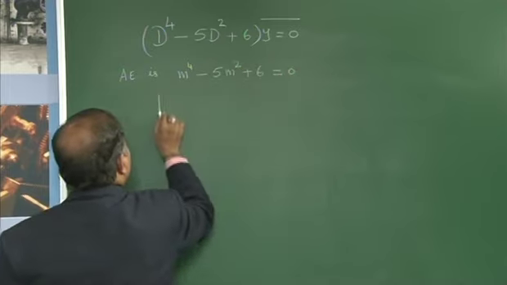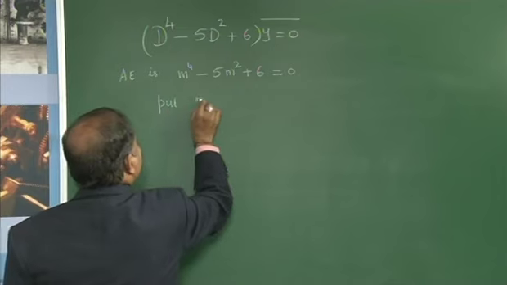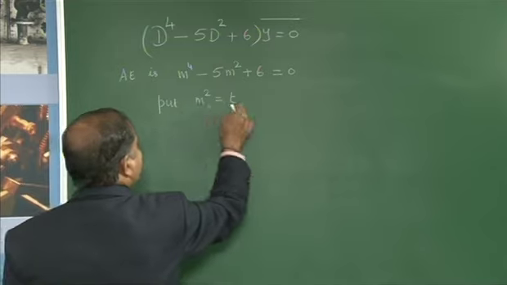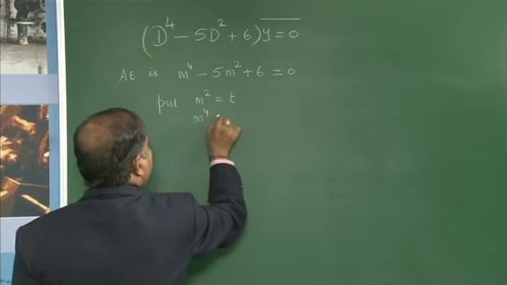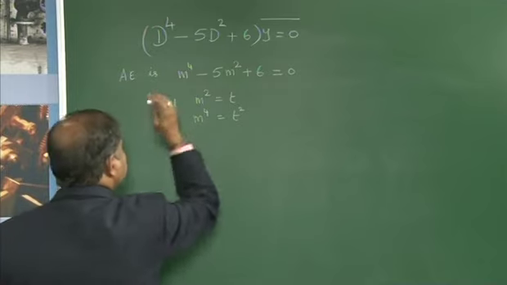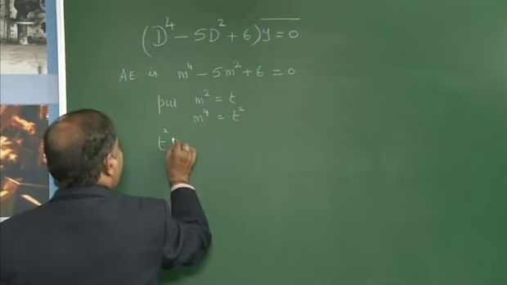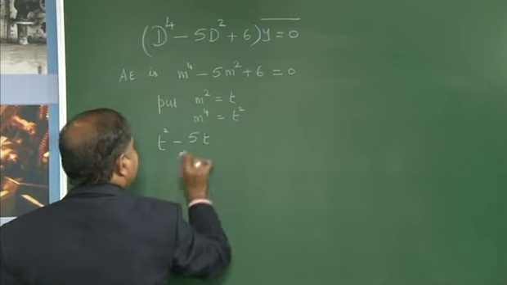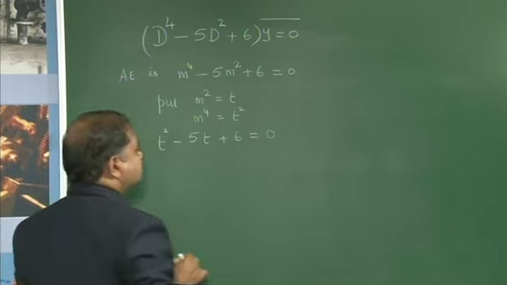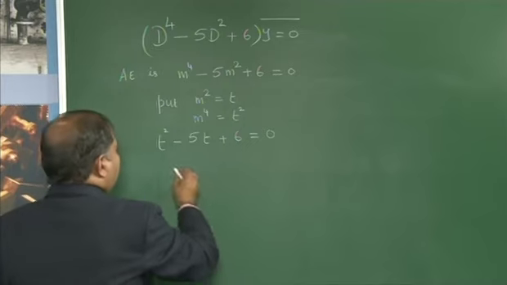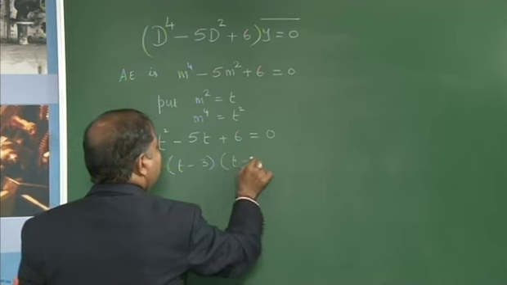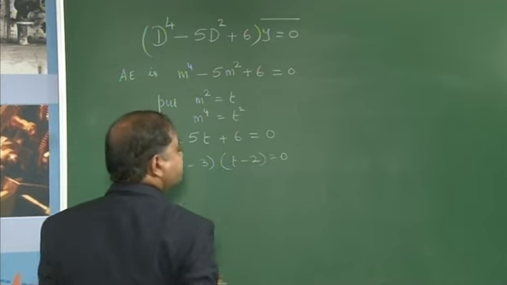What I am doing? Put m squared is equal to t. Square this, we will get m power 4 is equal to t square. So what happens to the equation? T square minus 5t plus 6. Factorize it: t minus 3 into t minus 2.